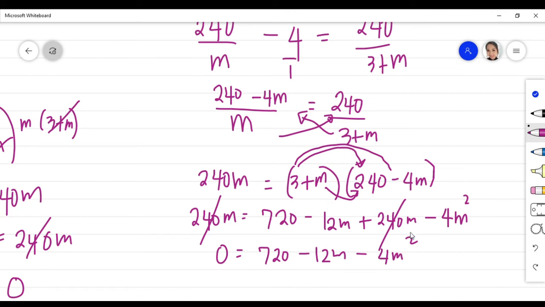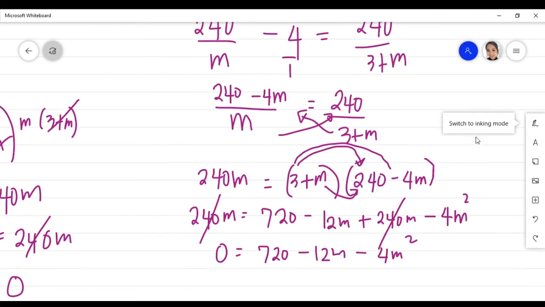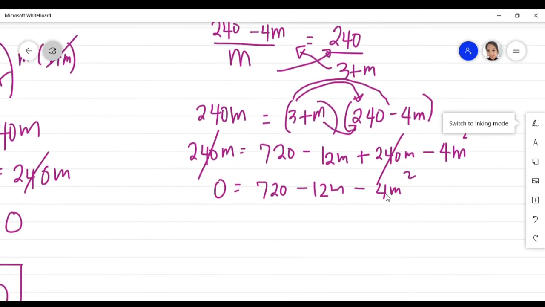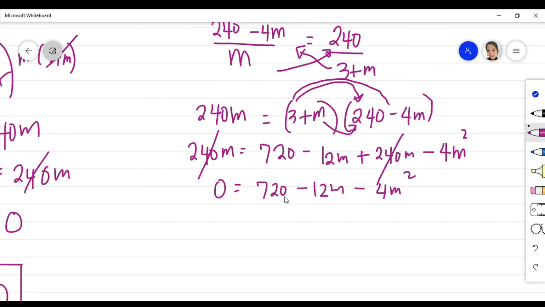We can transfer these terms to the left side of our equation to make it positive, or you could do division by 4. So why not, let's divide it by 4 first, since each term is divisible by 4. So 0 equals 720 divided by 4, that is 180, minus 12 divided by 4, that's negative 3m.